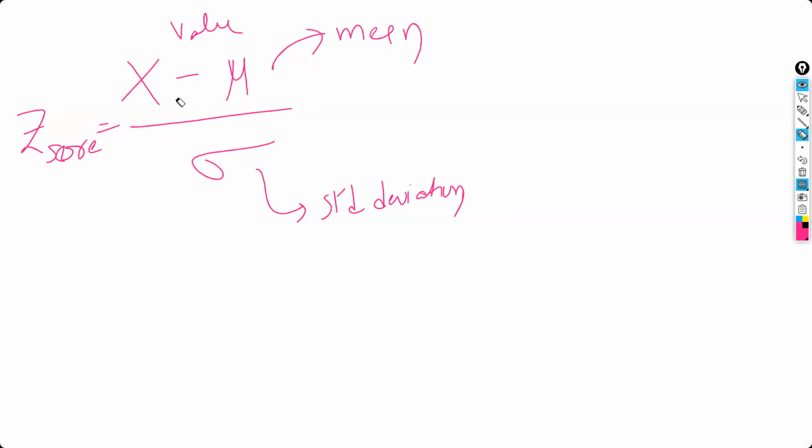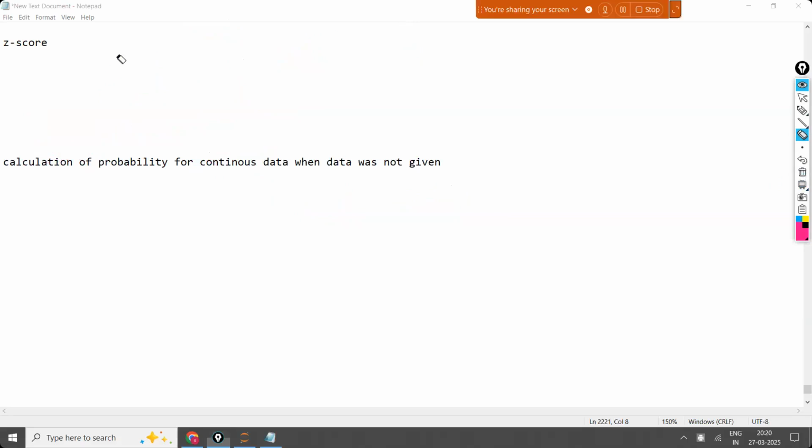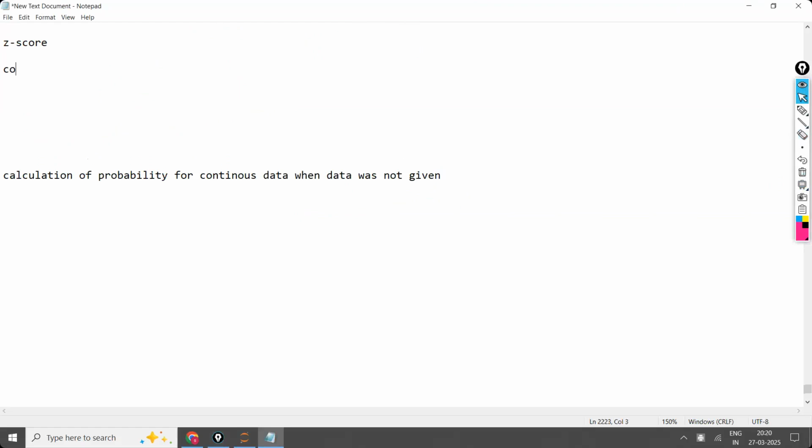Now, converting every value to the corresponding z-score is called standardization.